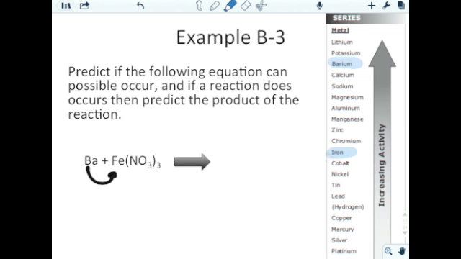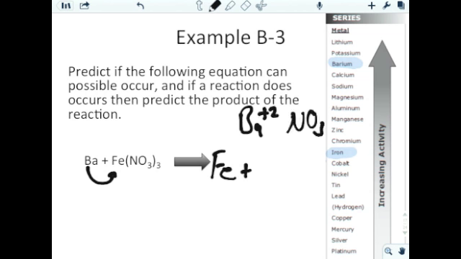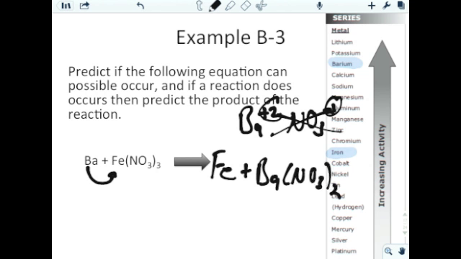So since barium is on top, it replaces it. So iron is now by itself, plus barium is now bonded to nitrate. We have barium +2, nitrate, NO3, -1, crisscross, and we get Ba(NO3)2. And that reaction actually happened.